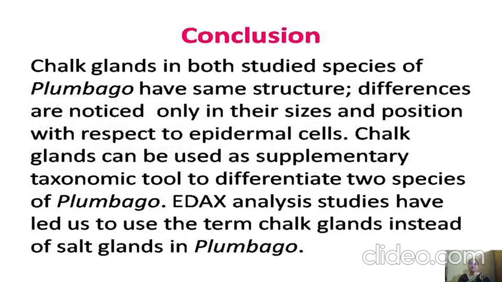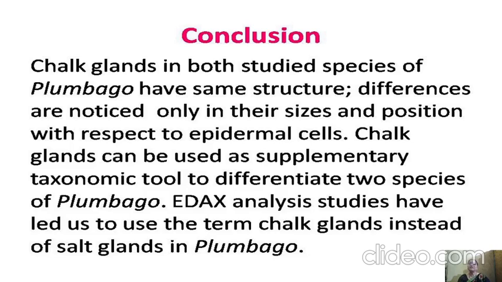About conclusion, chalk glands in both studied species of Plumbago have the same structure and differences are noticed only in their sizes and position with respect to epidermal cells. Chalk glands can be used as a supplementary taxonomic tool to differentiate two species of Plumbago.